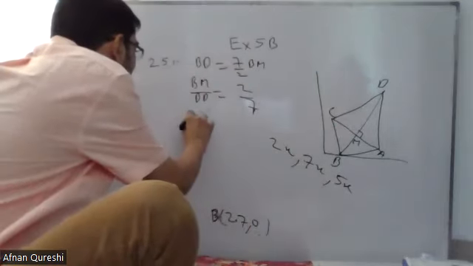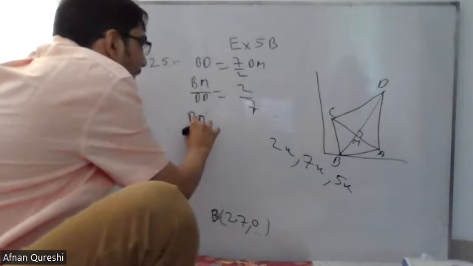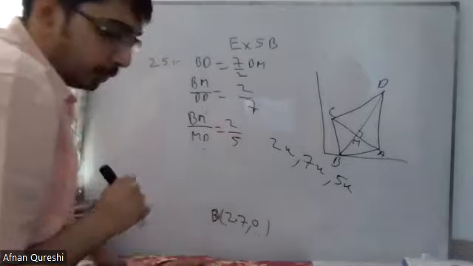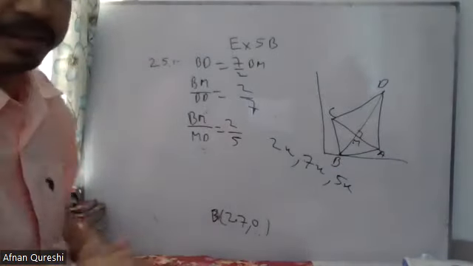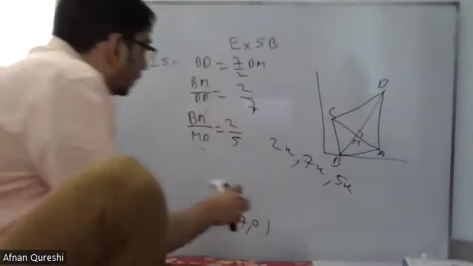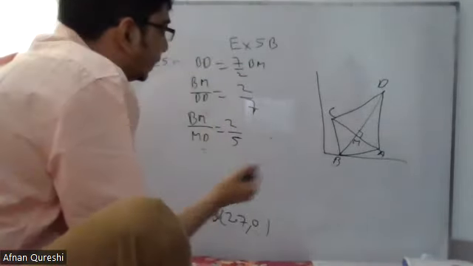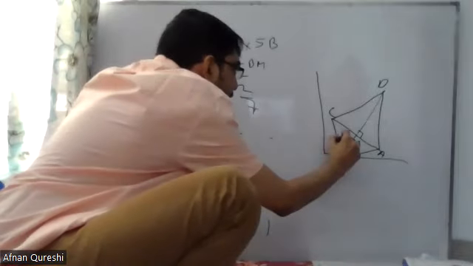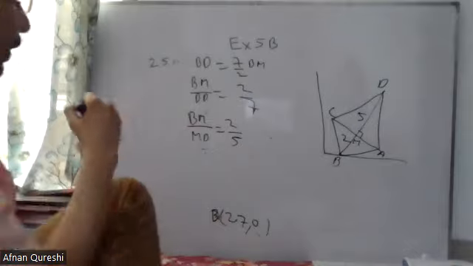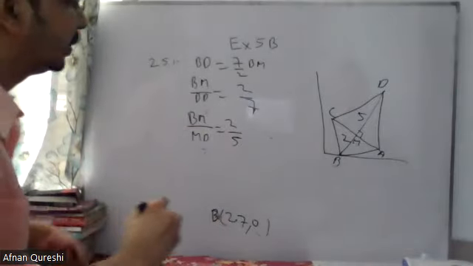So your BM by MD is actually going to be 2 by 5. So it is 2:5. Okay.